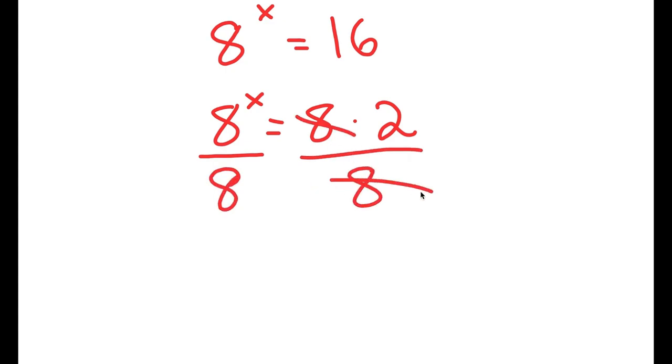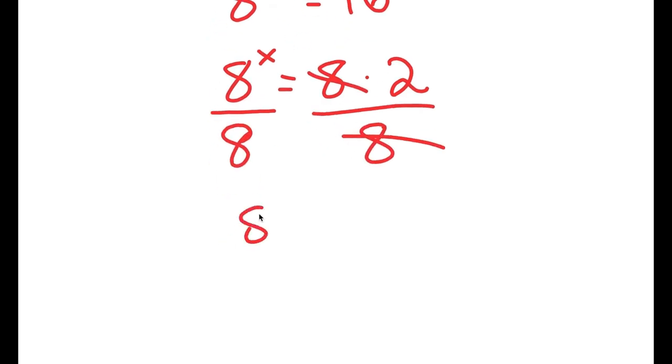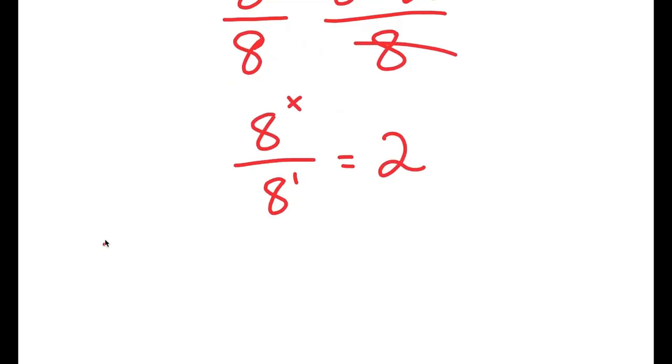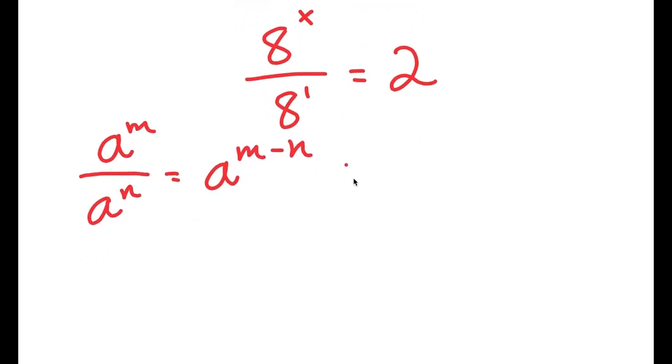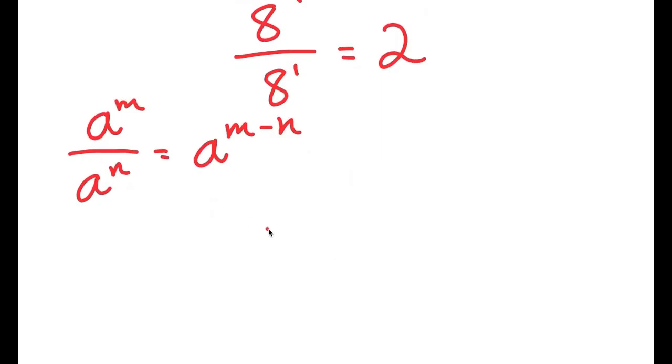So then these two cancel out, and I get 8 to the power of x over 8 is equal to 2. Now if I have something in the form a to the power of m over a to the power of n, this is equal to a to the power of m minus n. So a to the power of x over a to the power of 1 is equal to a to the power of x minus 1, which is equal to 2.